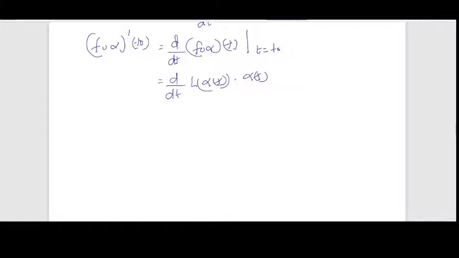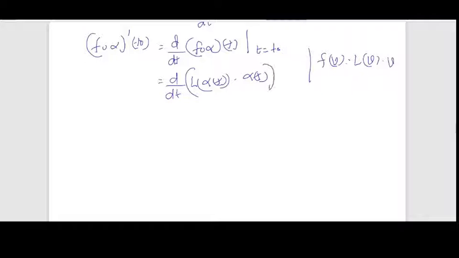We have f of v equals L of v dot v, so f of alpha of t is L of alpha of t dot alpha of t.